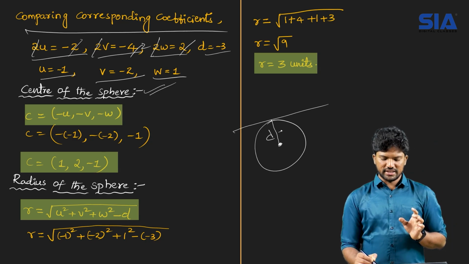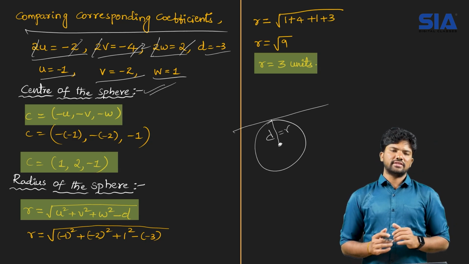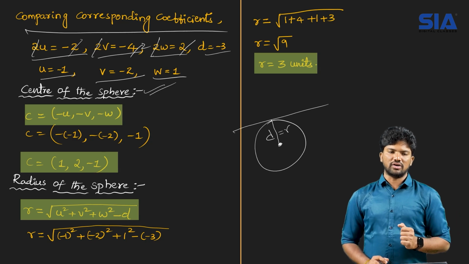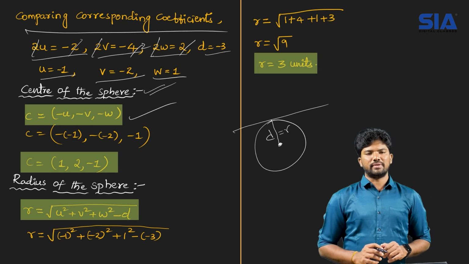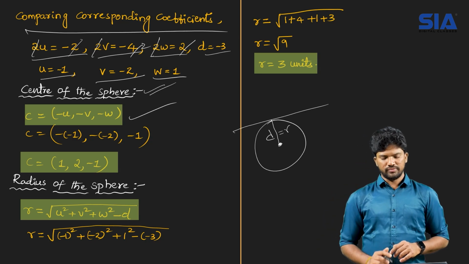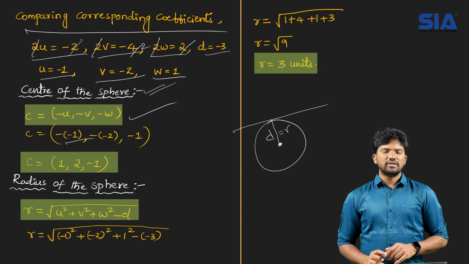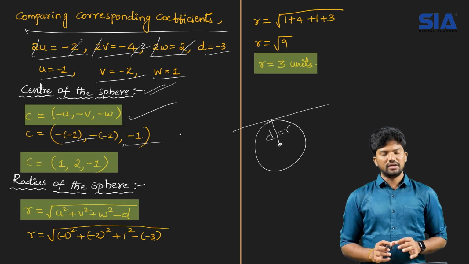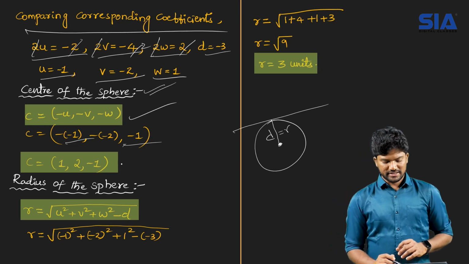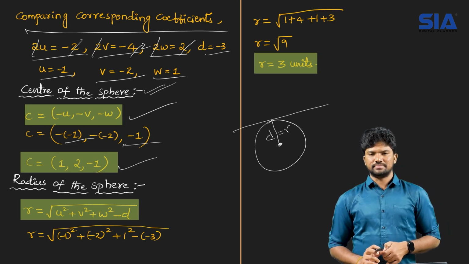If that distance is equal to the radius of the sphere, then only we can find the point of contact. The center of the sphere, you know very well, is minus u, minus v, minus w. Substituting the values, minus of minus 1, minus of minus 2, minus 1. Therefore the center is 1, 2, minus 1.